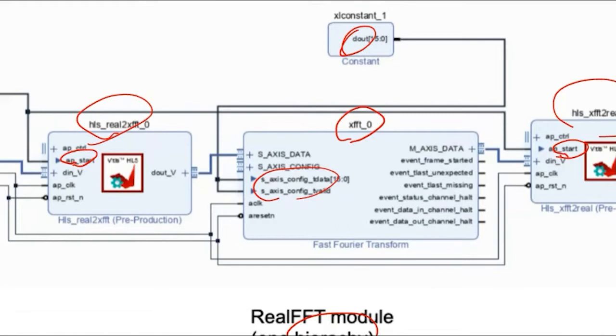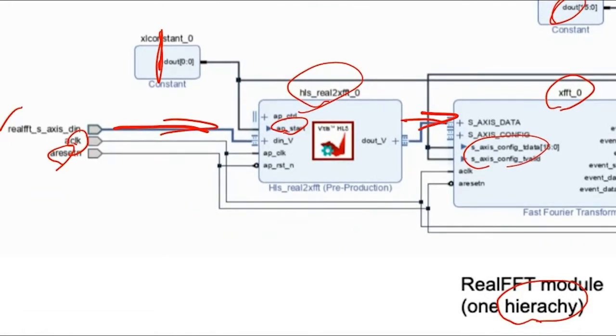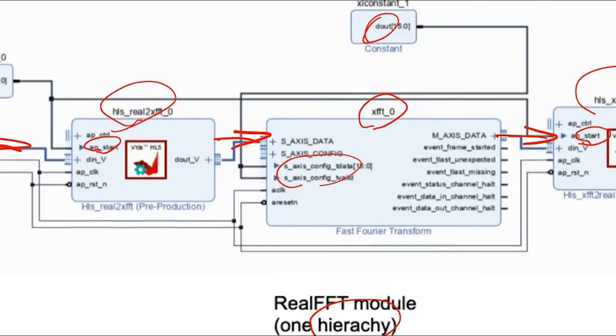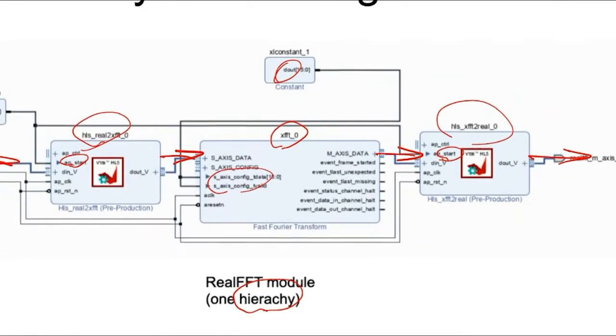Basically you have three modules, right? You have three modules, and that's the core. This is the host. The FFT is a stream interface, input and output. This module, the host, handles the input, right?